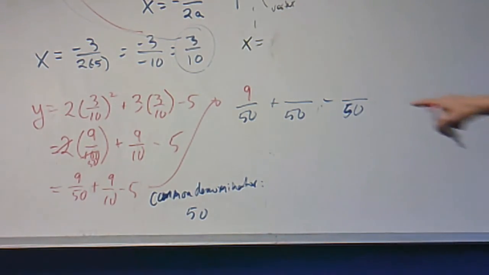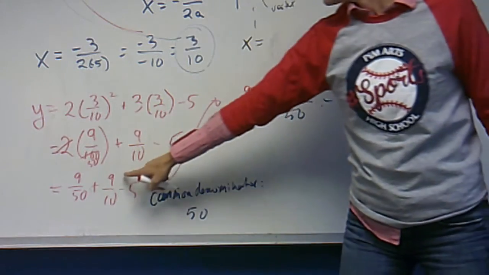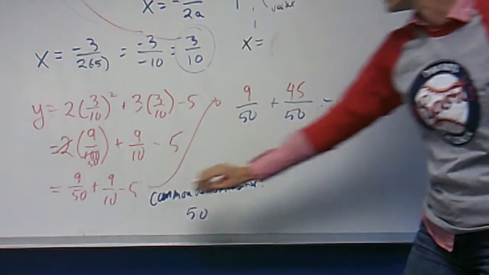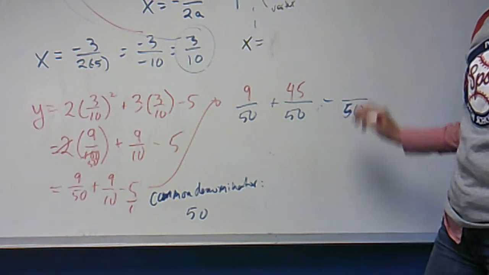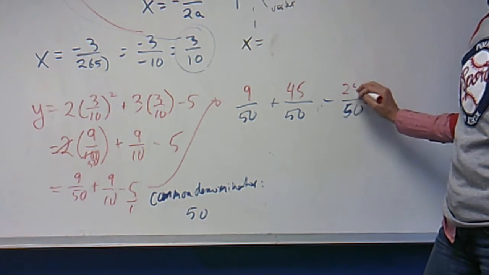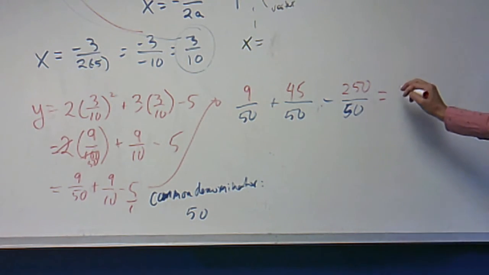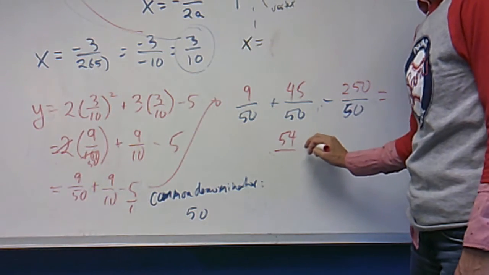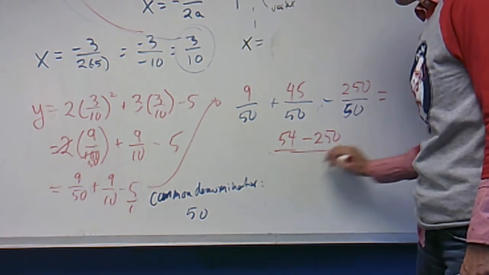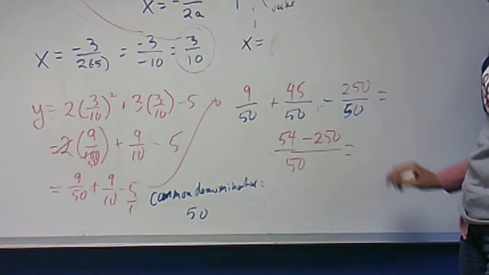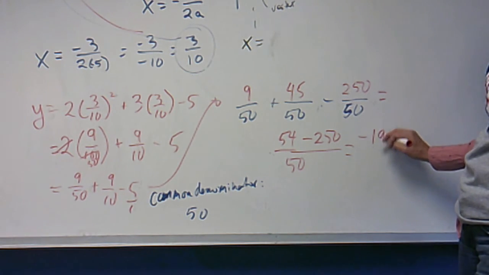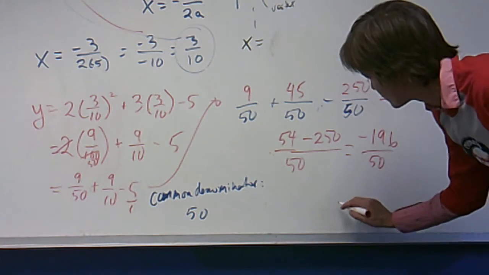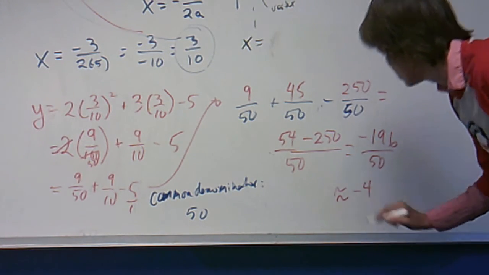If I got this to be 50, that means I multiplied that by 5. If I got this to be 50, that means I multiplied it by 50 because it used to be 1. So that's 250. And that equals 54 minus 250 over 50, which is negative 196 50ths. And we can reduce and reduce, and this is approximately negative 4.